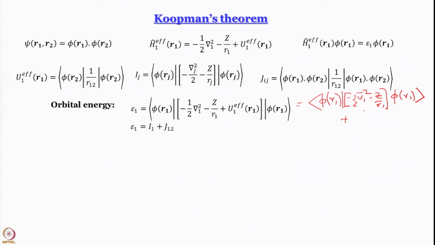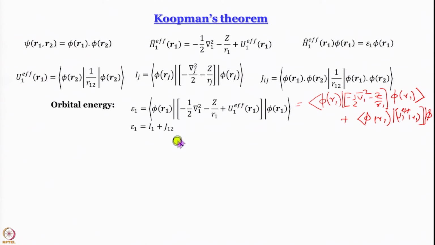The second integral is the integral of phi of r1 times u1 effective of r1. There is no need to write that bracket. So, essentially you get I1 plus J12.